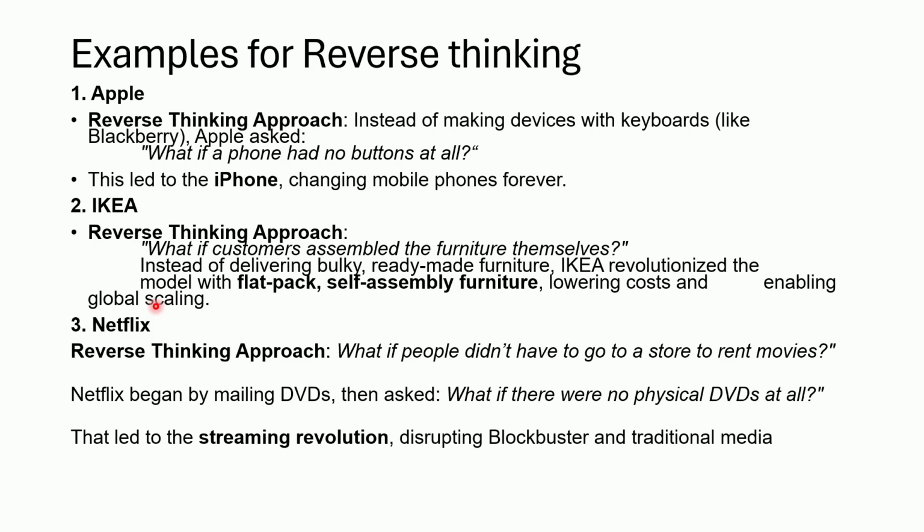Otherwise, we have to take our people to assemble the furniture on the customer's premises, right? So instead of that, why can't we let the customers assemble the furniture themselves? That is the reverse thinking that happened, and it had a large impact on the market.